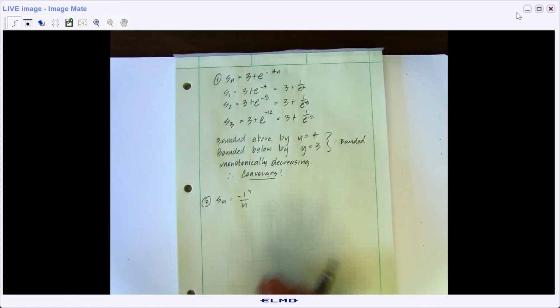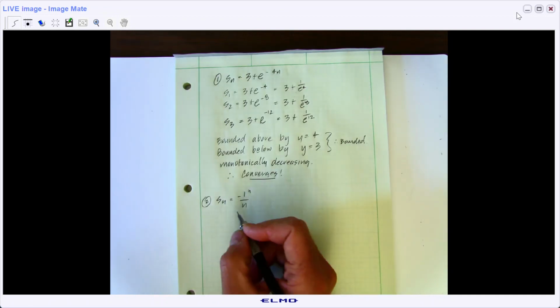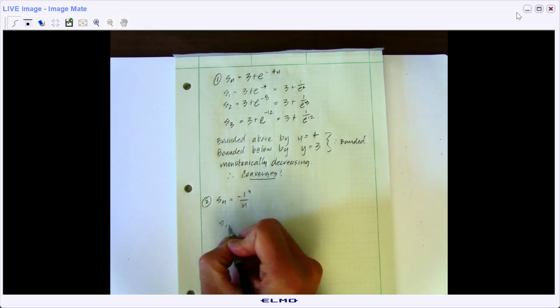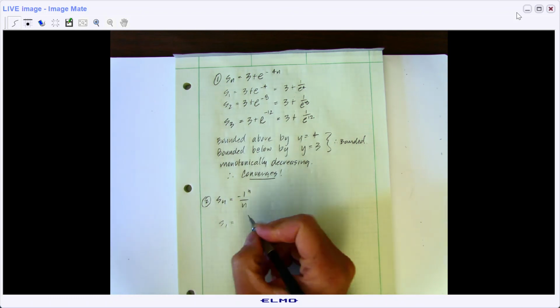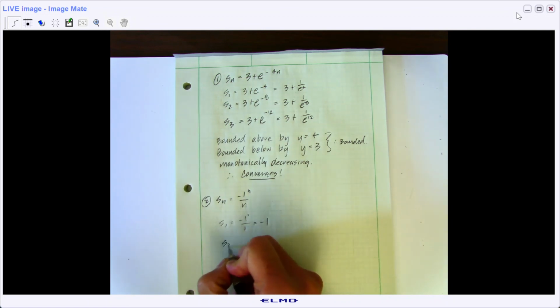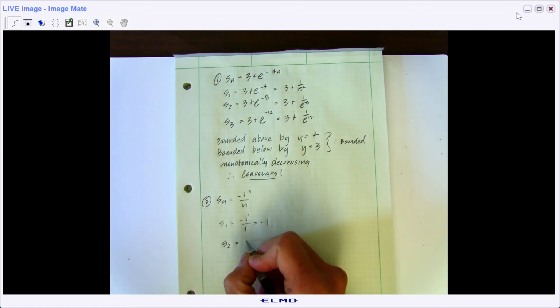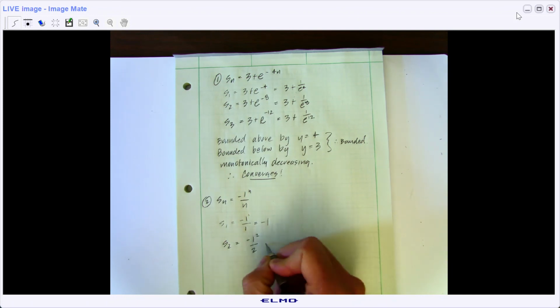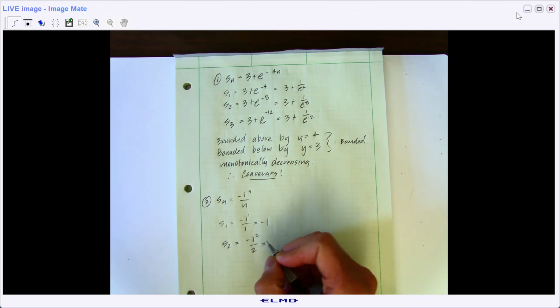All right, let's take a look at another one here. Let's take a look at S sub 1. That's going to be, let's just do this carefully, negative 1 to the 1 over 1. So it's negative 1. S sub 2 is going to be negative 1 to the 2 over 2. Negative 1 squared is going to be 1, so this is 1/2.